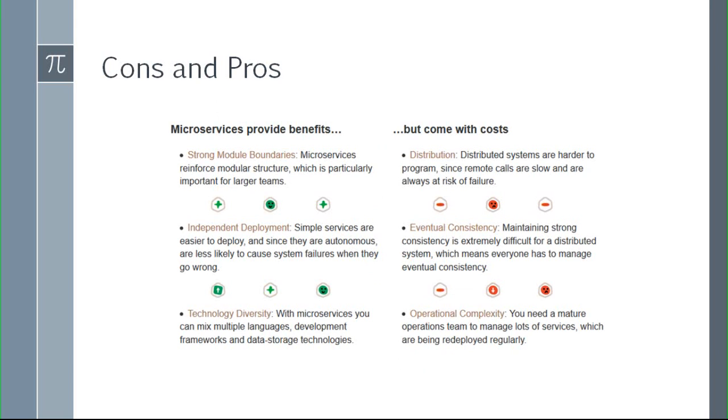In this slide, I'm talking about the cons and pros of a microservice architecture.